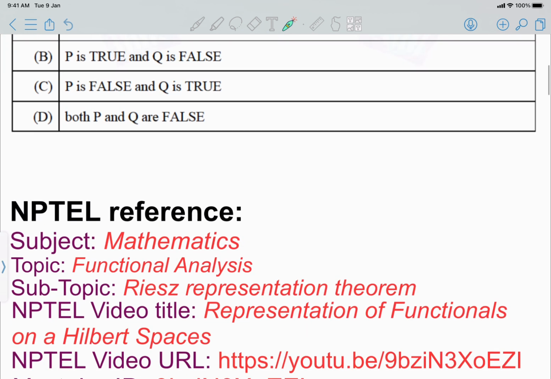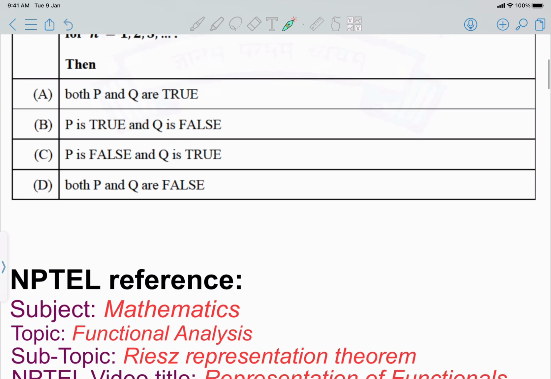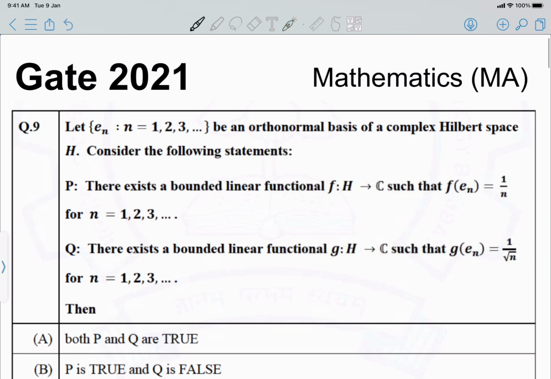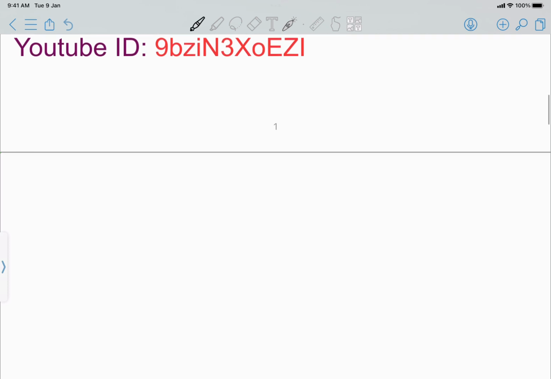Okay, so this is the NPTEL reference, which you can look at. So let's try to solve this one. What is given first?